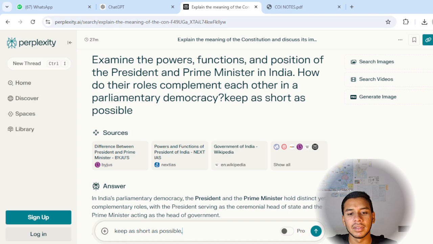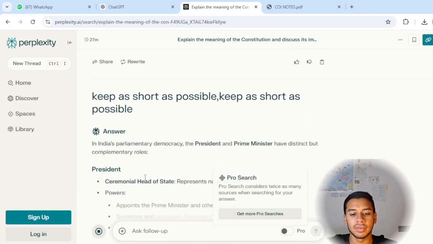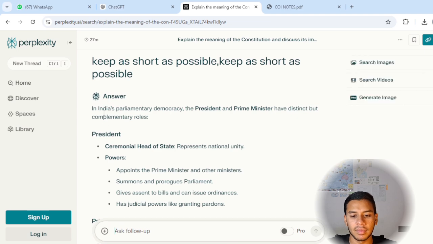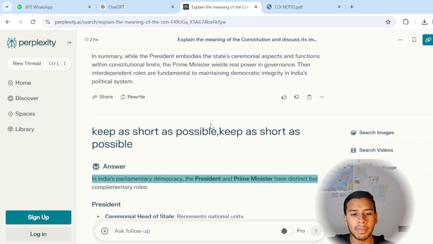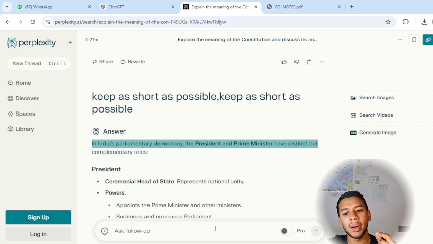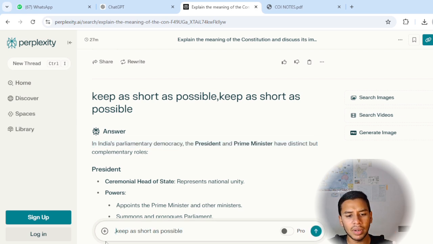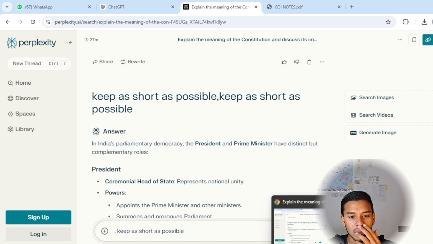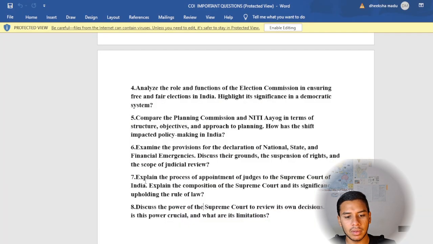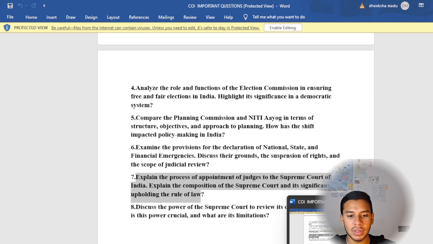Complexity. Keep as short as possible. Okay, let's go. In India's parliamentary democracy, the President and Prime Minister have distinct but complementary roles. Oh, sorry, I didn't copy this one. I was checking that, like I missed somewhere.